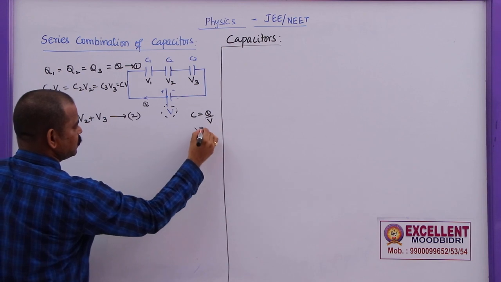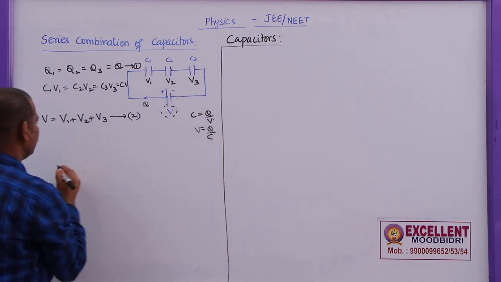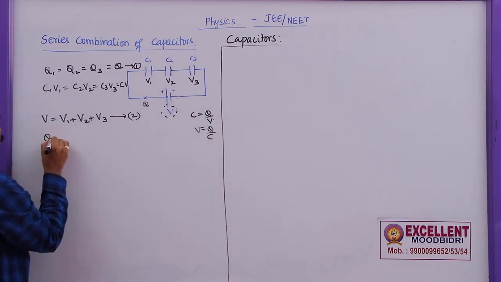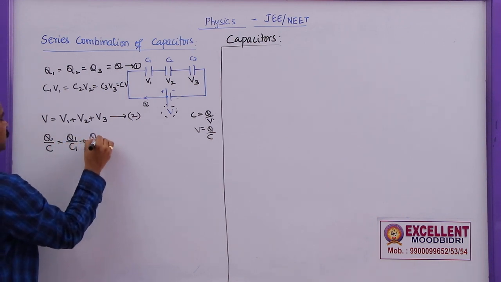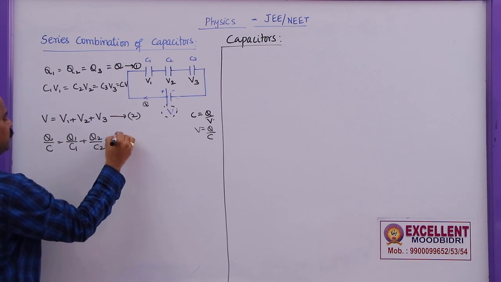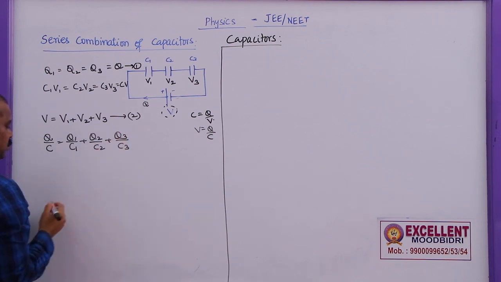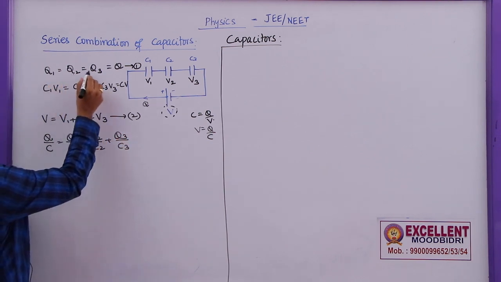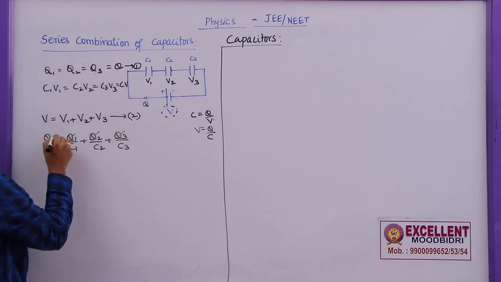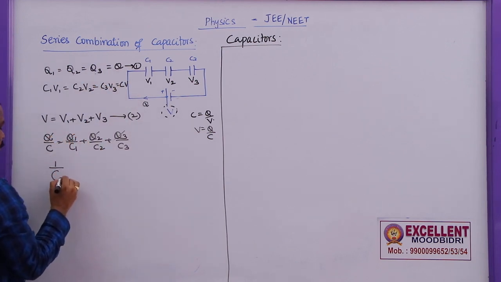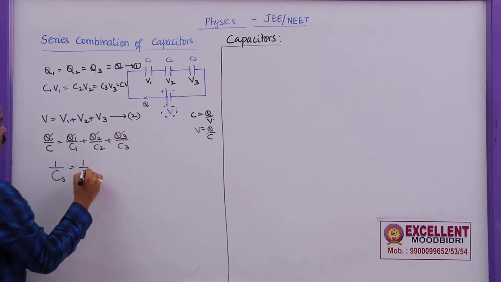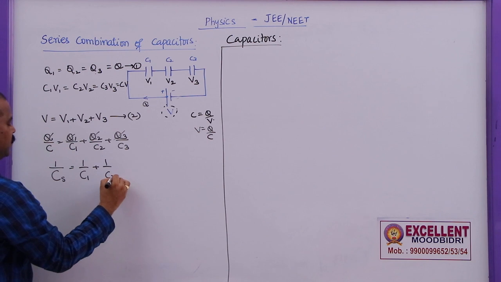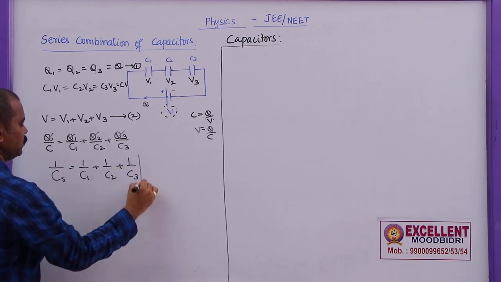From this, V is equal to Q by C. So, we can write Q by C is equal to Q1 by C1 plus Q2 by C2 plus Q3 by C3. As you know that Q1 is equal to Q2 is equal to Q3 is equal to Q, you can cancel this and this. So, the effective capacitance in series combination, here I am writing this as CS, is given by 1 by CS is equal to 1 by C1 plus 1 by C2 plus 1 by C3.